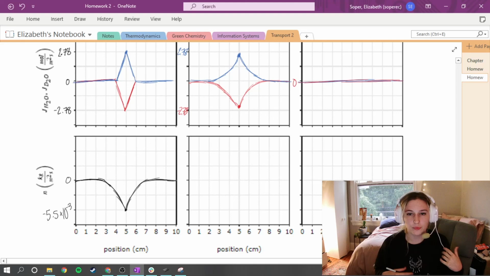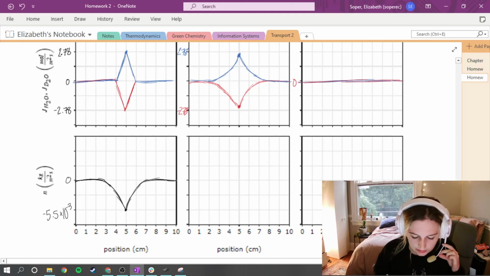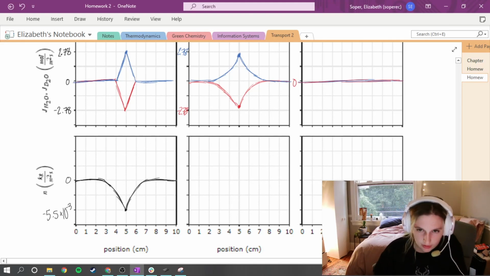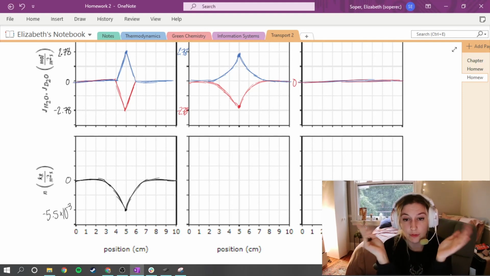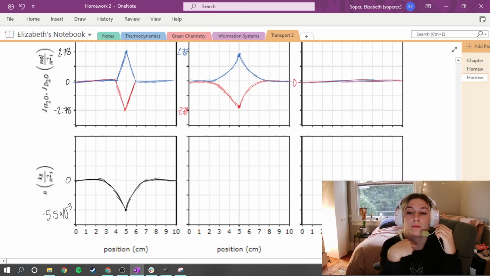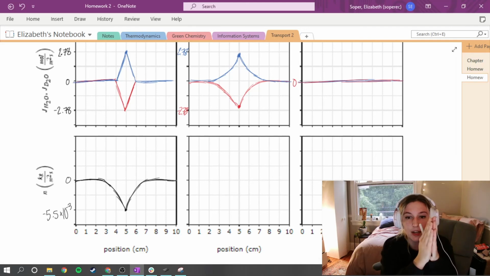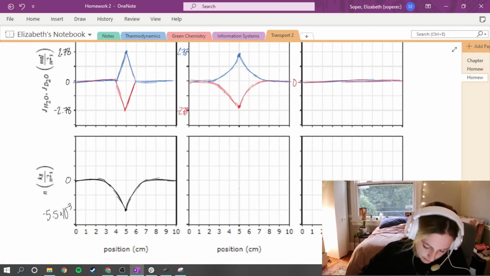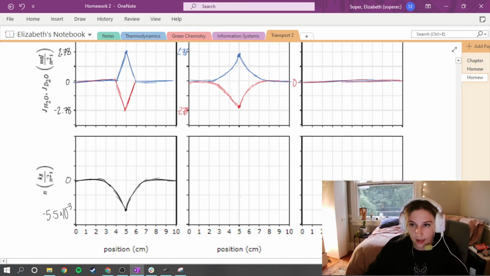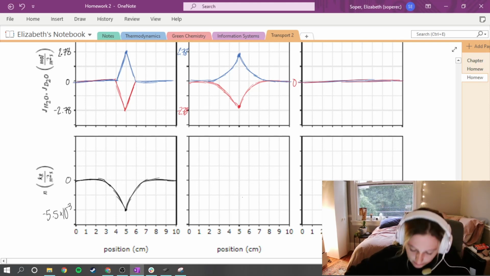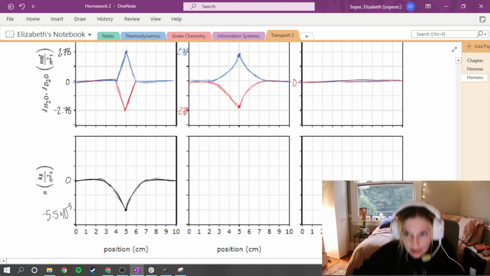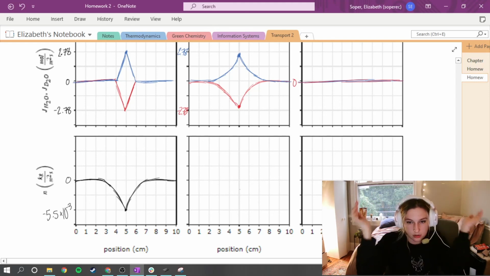For similar reasons, it's just started to diffuse, so the molar flux just started to move away at that divider. That's why it's at position 5 centimeters. And then the overall molar flux is going to be smaller at that 5 centimeters because now it's spreading out more.